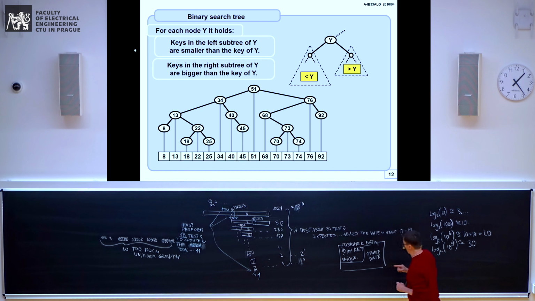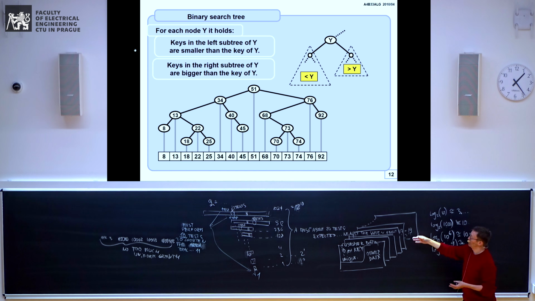Now, if you want to search your customers, you have loads of them. There are lots of these records. So typically you do not store all the data in the tree.